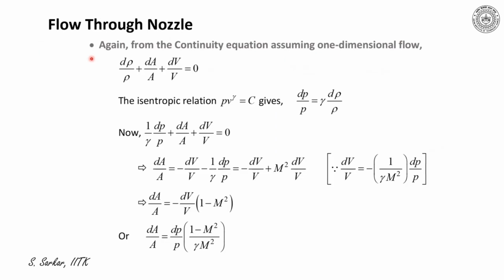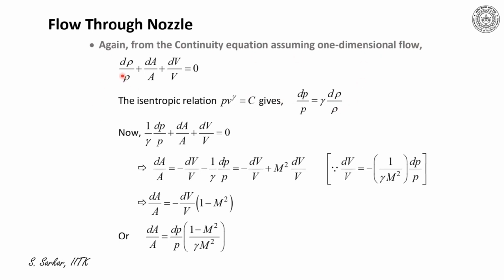Again, from the continuity equation, assuming one-dimensional flow, we have d rho by rho plus dA by A plus dV by V is equal to 0. Now, the isentropic relation for a perfect gas can be expressed by P V to the power gamma is equal to constant, which can be put in the form dP by P is equal to gamma into d rho by rho.